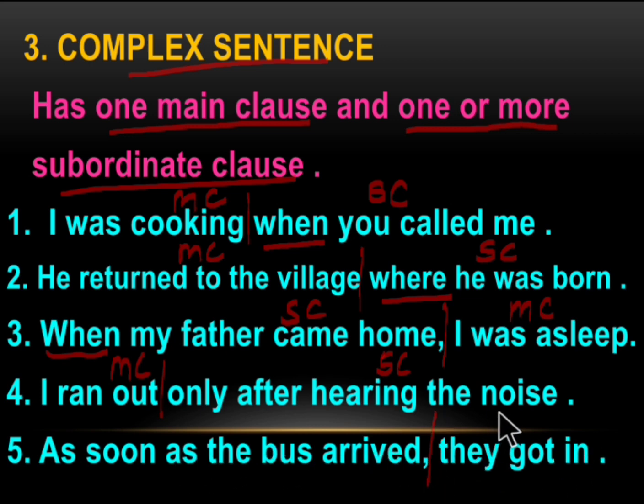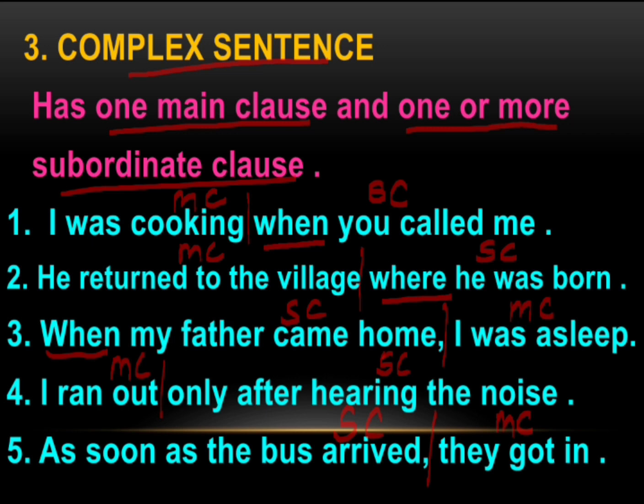They got in is the main clause. As soon as the bus arrived is incomplete. It depends on the main clause to give the complete meaning, and so this is called the subordinate clause. So a complex sentence is a sentence which has one main clause and one or more subordinate clauses.